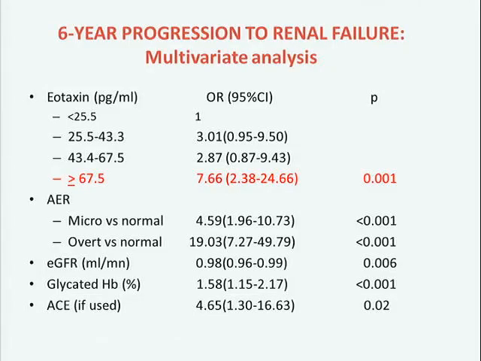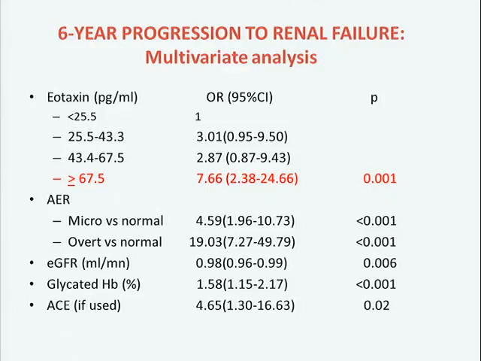Now, this slide is also telling us something else. It's telling us that eotaxin is independent of glycemic control, because glycemic control itself is an independent predictor. So that means that it acts in such a pathway which, based on this analysis, does not go through glycemic control.